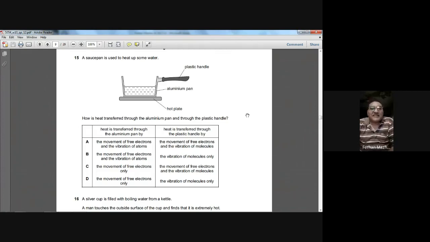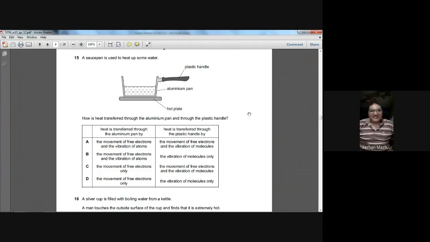But the plastic doesn't have free electrons. It's an insulator. So in the plastic, the heat is only transferred by the vibration of atoms.